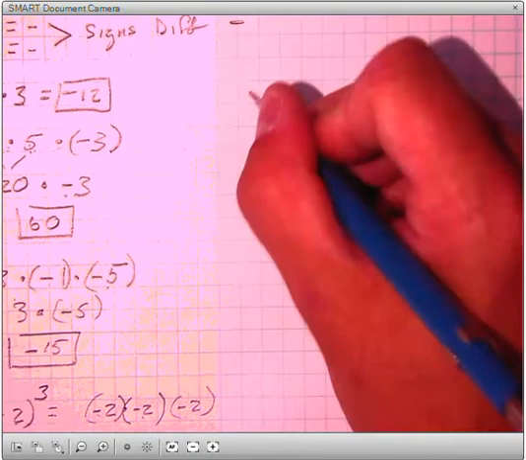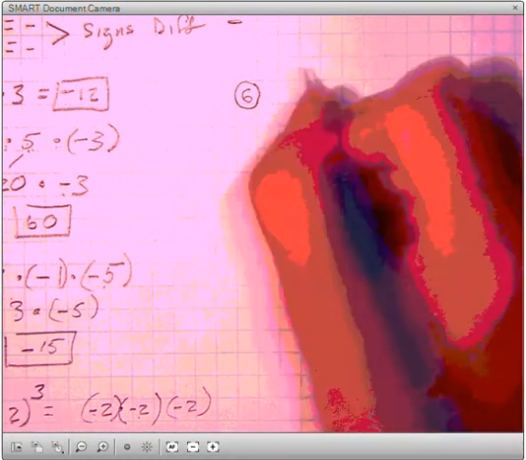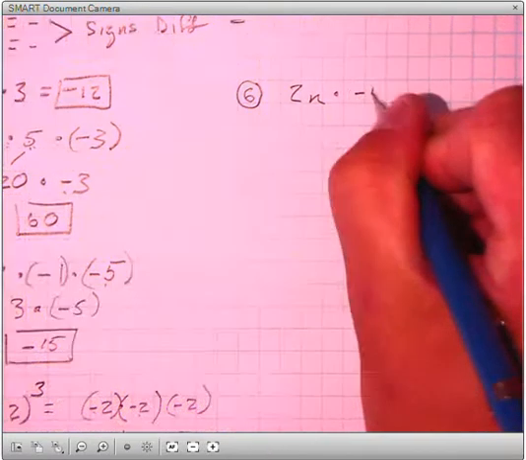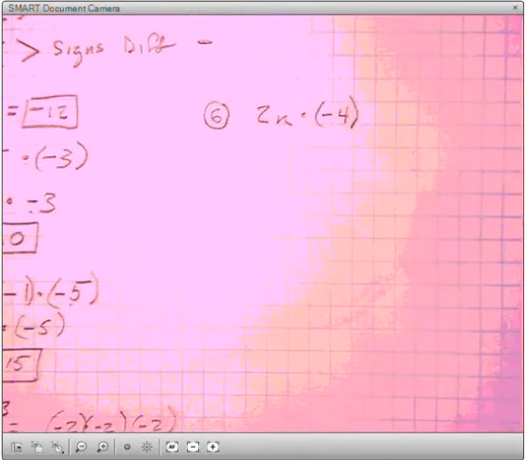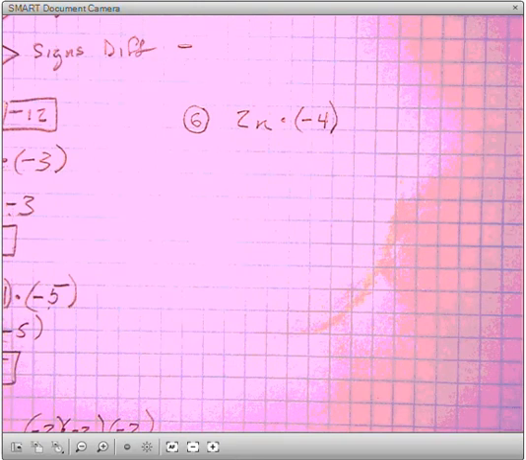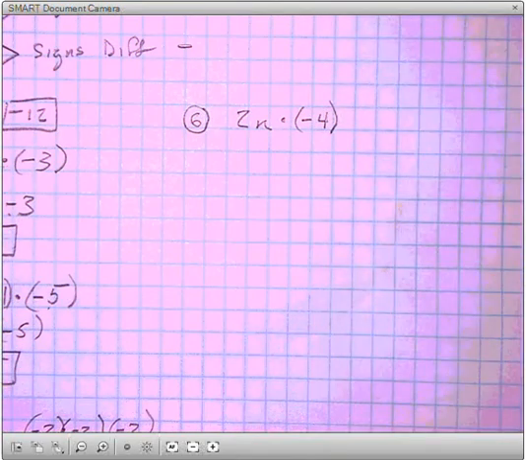Now, there's really only 2 more examples that I want to look at. The first being 2n times -4. We're going to be looking at expressions that have variables in them where we're not given the solution.